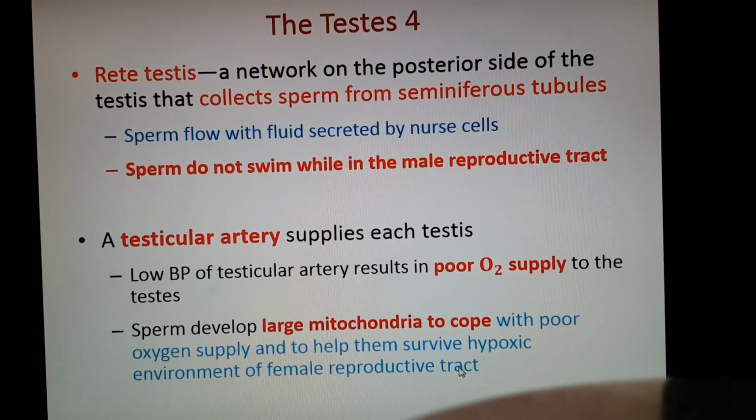So while the sperm are in this area, they do not get a large amount of oxygen because the testicular artery has a poor oxygen supply because of a low blood pressure. By the time you get all the way down there, there's too low of blood pressure to push enough fluid out to have that oxygen exchange, to push the dissolved oxygen that was in the blood into the testes.